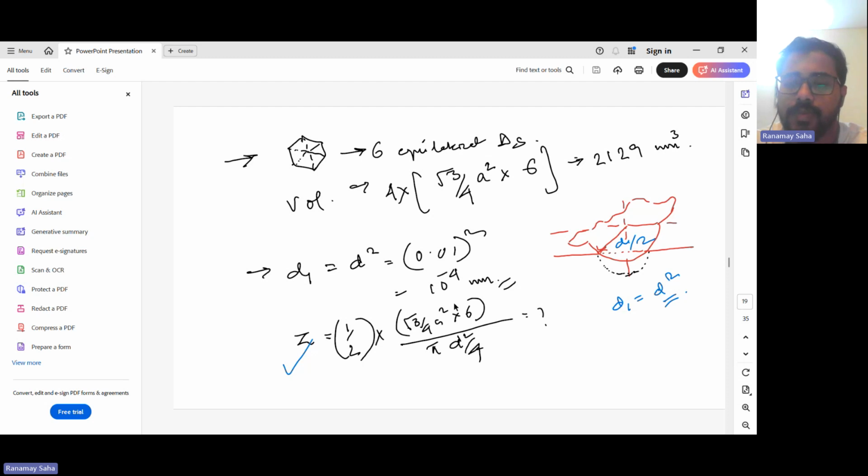So here in the diagram, you can see this is the grain, and the radius of the grit is d1 by 2. So d1 becomes equal to d square. You have to take the square of whatever diameter is given. So d1 is equal to d square, equal to 0.01 square, 10 to the power minus 4 millimeters.